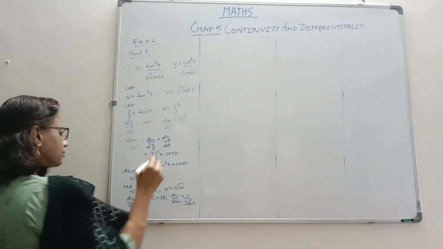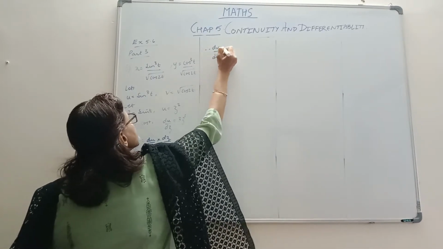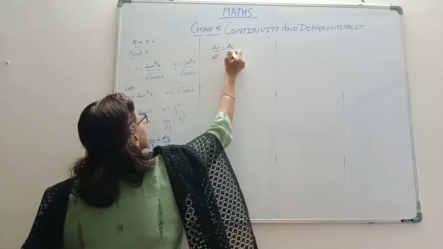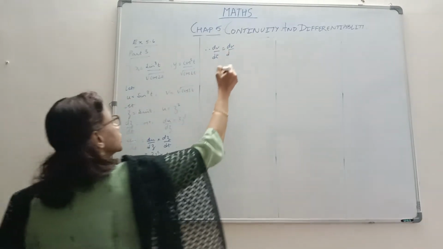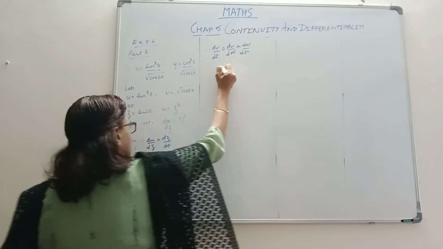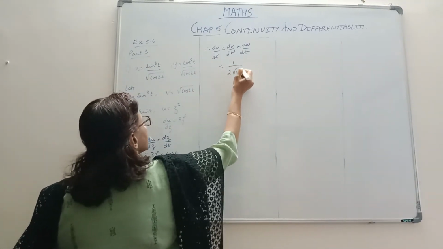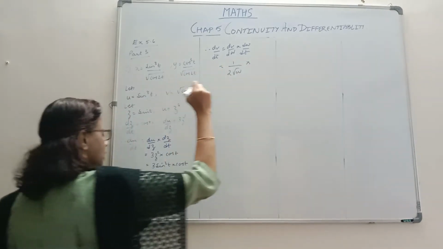So dv by dt is dv by dw into dw by dt. dv by dw we have as 1 by 2 root w, and dw by dt is minus 2 sin 2t.